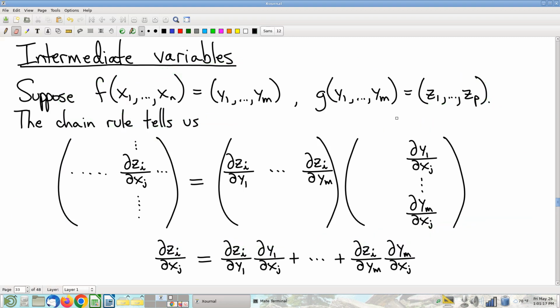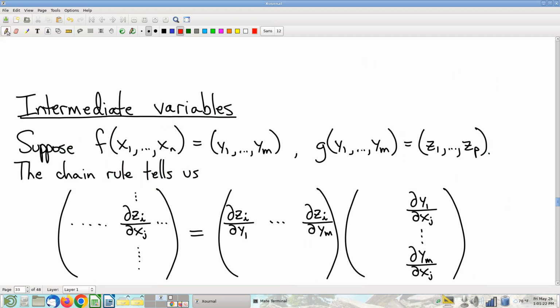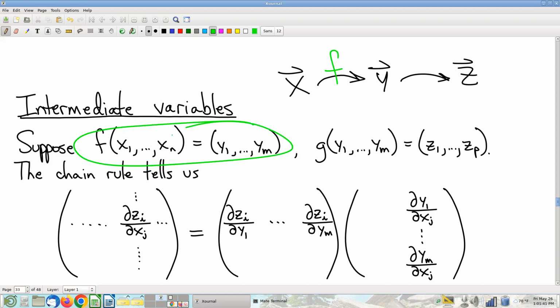Now let's just for bookkeeping purposes carefully write down that we've got the x variables, and there's a function of the x variables that gives us the y variables, and there's a function of the y variables that gives us the z variables. Okay, so specifically f is what turns the x's into y's, and g is what turns the y's into z's.